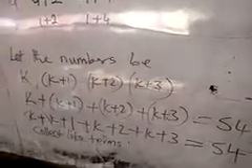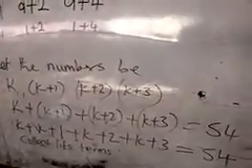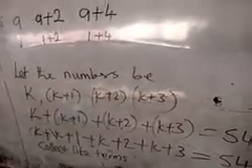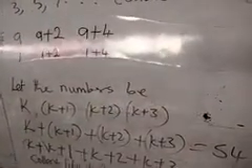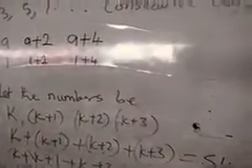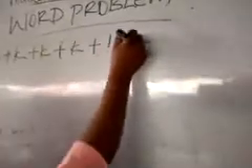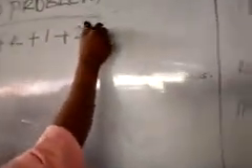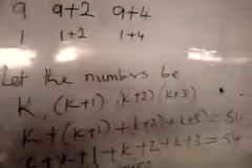Collect like terms. That will be K plus K plus K plus K plus 1 plus 2 plus 3 is equal to what? 54.